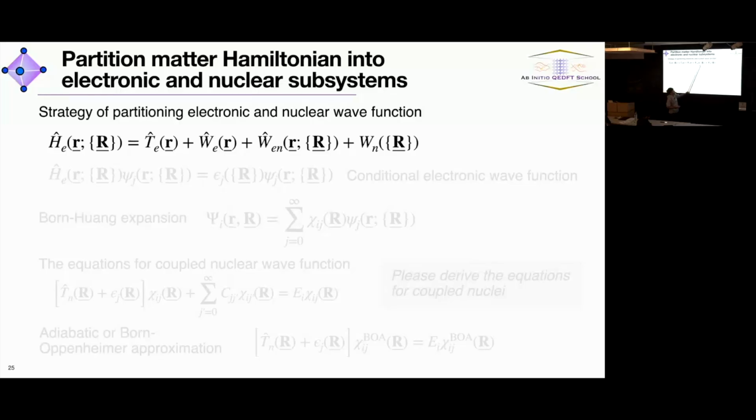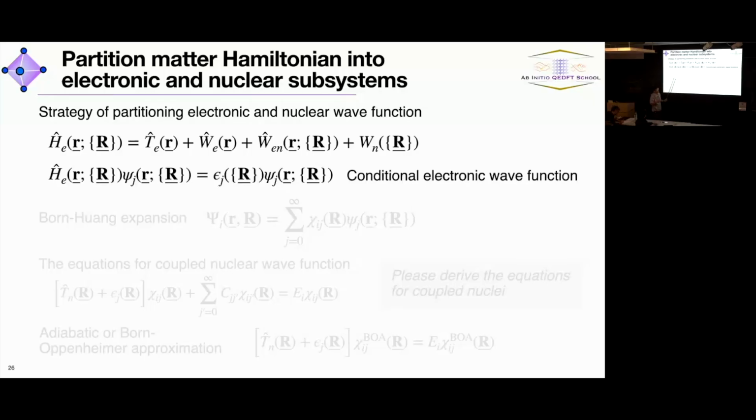But here you notice that I put curly parentheses around this R. This R means it becomes parameters. It's not a quantum operator anymore. So for each fixed nuclear position, I have a corresponding electronic Hamiltonian.